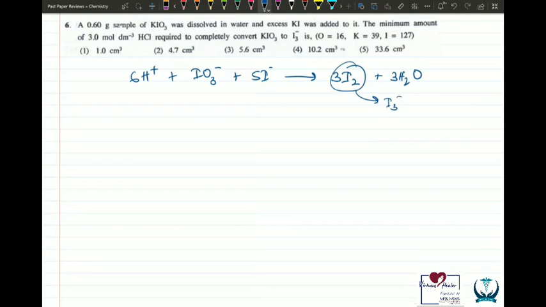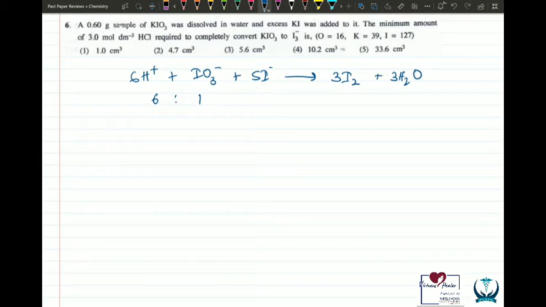As there is excess iodide present, we can just disregard this and directly calculate for I2, because even if we do consider it, it will be I2 plus I minus, giving us I3 minus, which is 1:1. So here we have the ratio between H plus and iodate as 6:1.